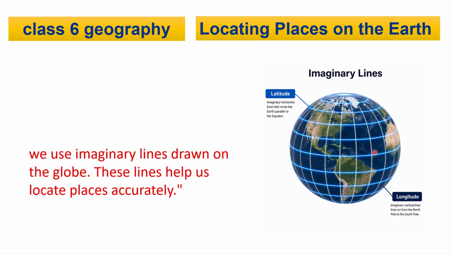These lines help us to locate places accurately. These are latitudes and longitudes. Latitudes are horizontal imaginary circles drawn around the earth from east to west. Longitudes are vertical lines that run from the North Pole to the South Pole.